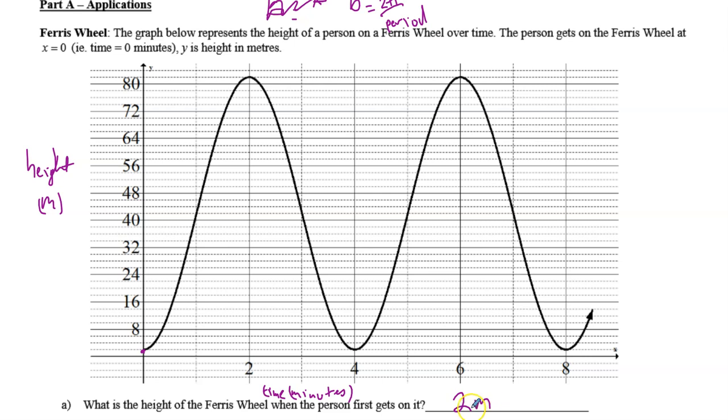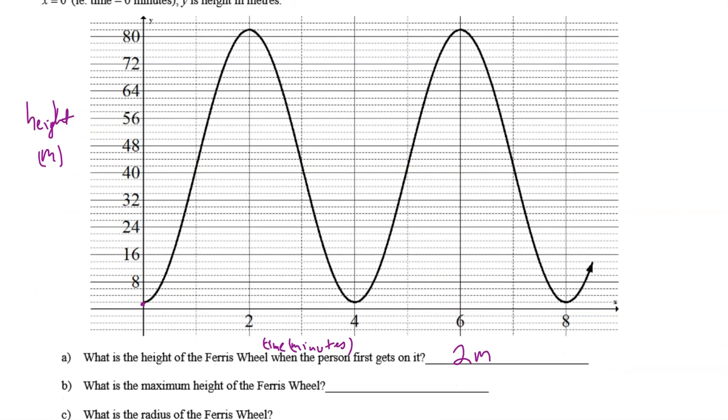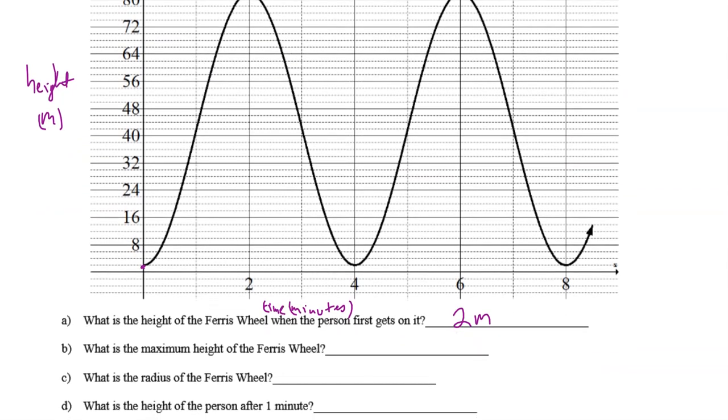Anytime we're answering questions that have to do with the y-axis, we're talking heights, and it will be in meters. And anytime we're answering something that has to do with the x-axis, we'll be talking time in minutes. So there are units associated with each axis.